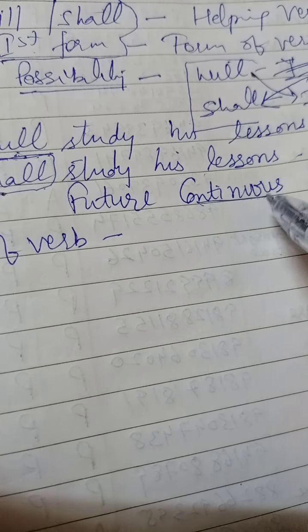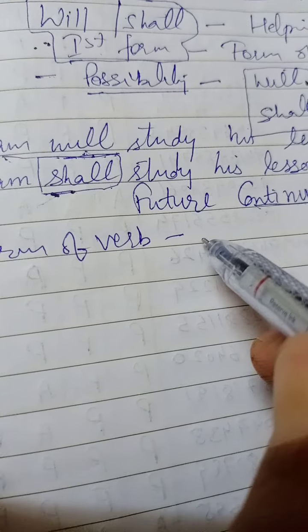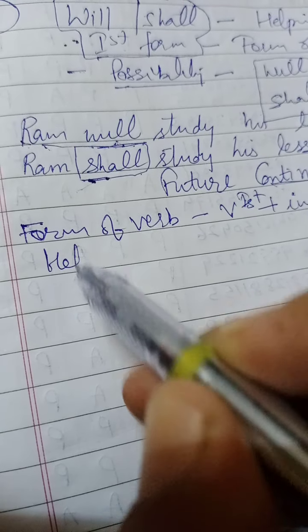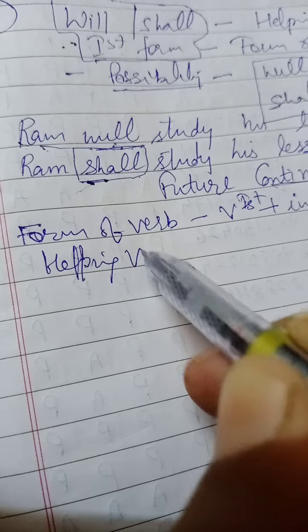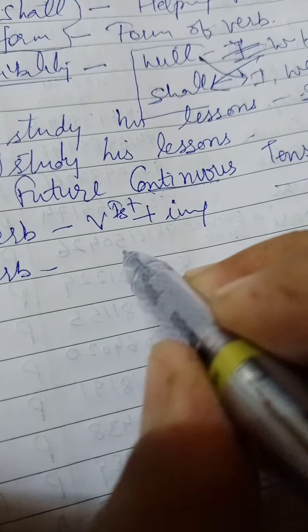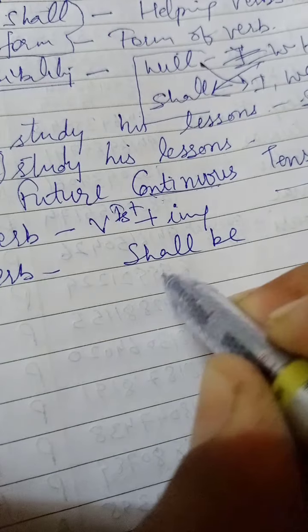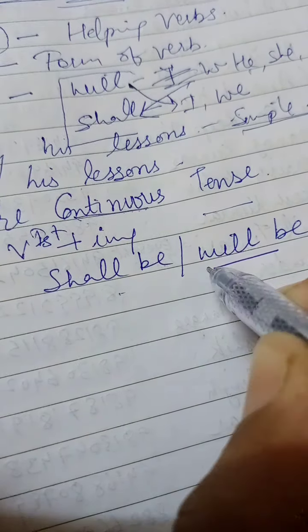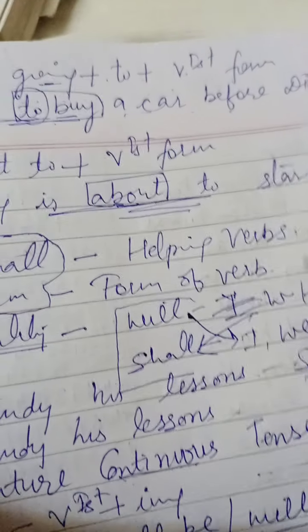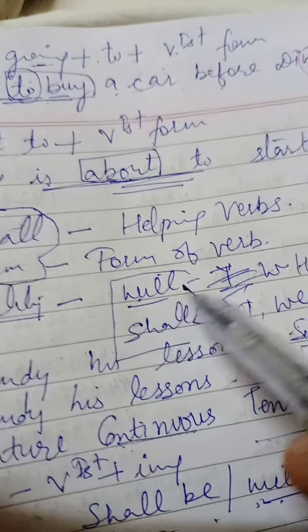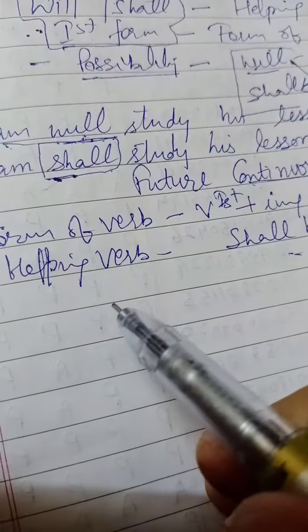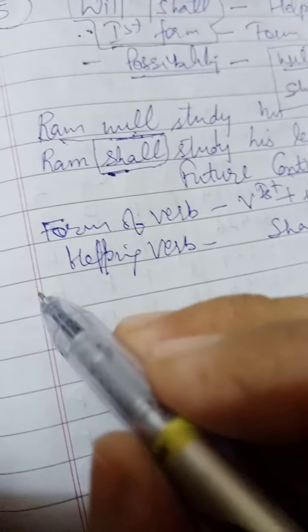Like continuous is there, you might have guessed that first form plus ing, and helping verb shall be and will be. Okay, and these two helping verbs we will be using with the same pattern. Like will, we will be using with he, she, it, name, and you and they. Got it?